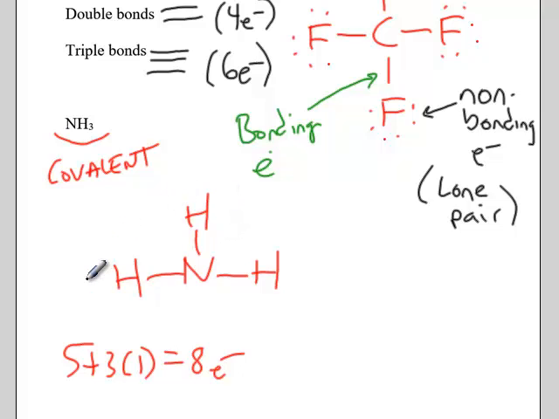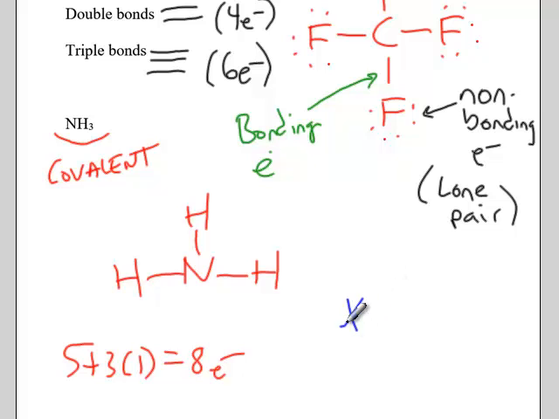The next step would be to satisfy the terminal atoms, the hydrogen. And remember, hydrogen, to reach the closest noble gas, which is helium, only needs one more electron. It doesn't need a total of 8 electrons around it.